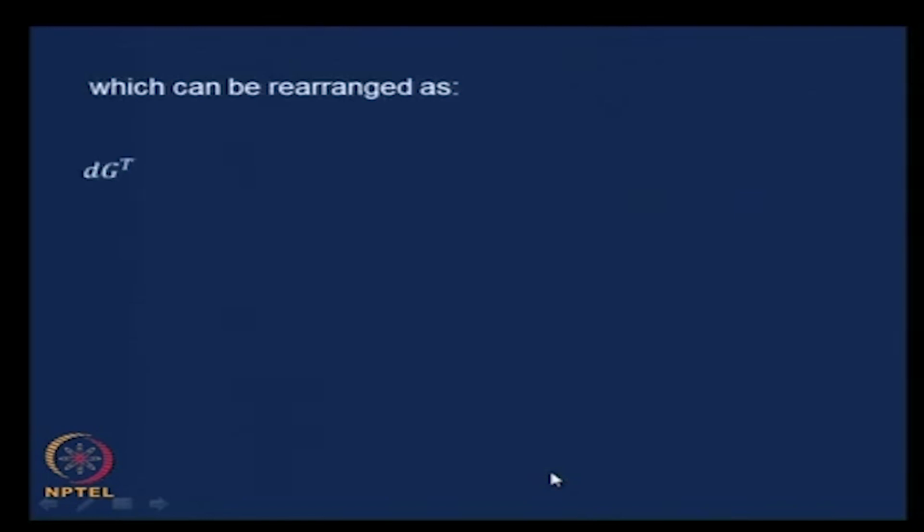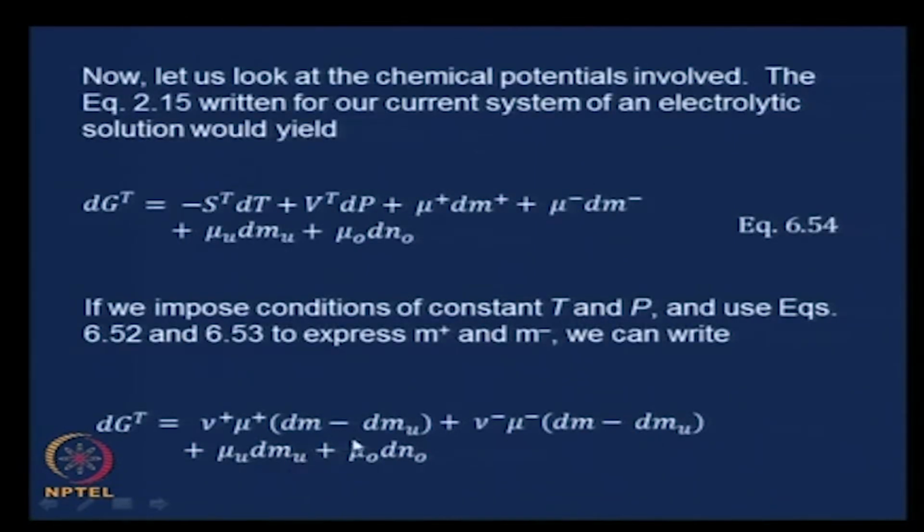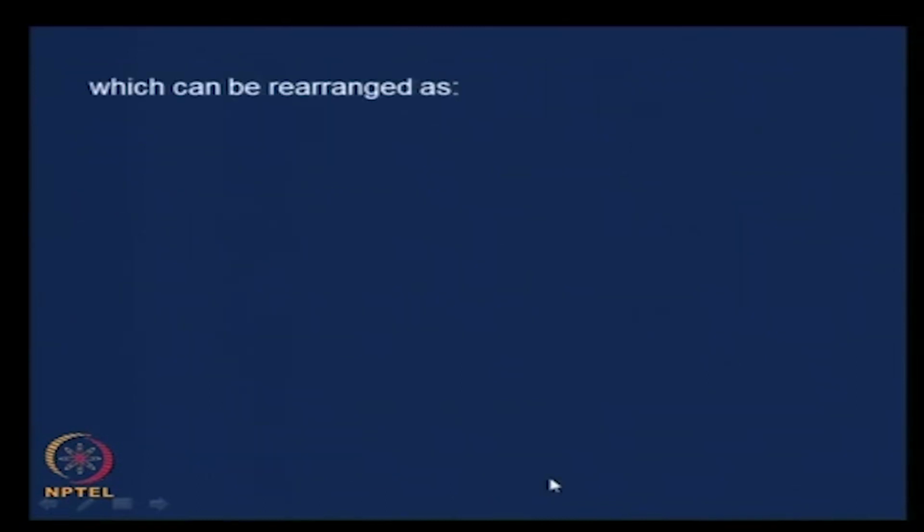And you can rearrange this as dGt. I have essentially collected all terms with the d mu together. There is a d mu here, there is a d mu here, and there is a d mu here. I have just collected the coefficients of those and collated them in terms of d mu, dn and dn0. So the first term was mu u minus nu plus mu plus minus nu minus mu minus, d mu.